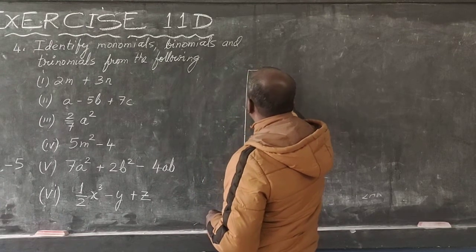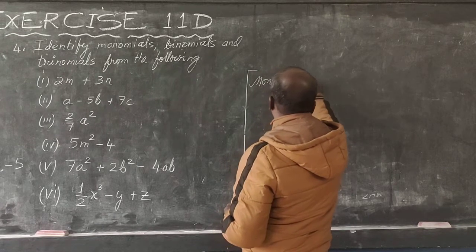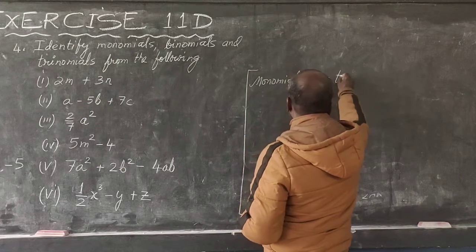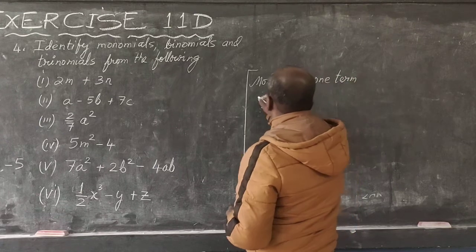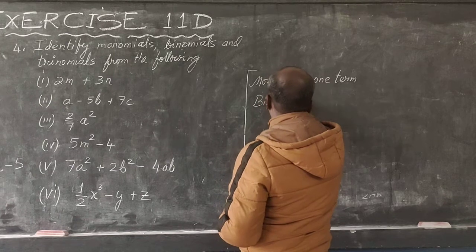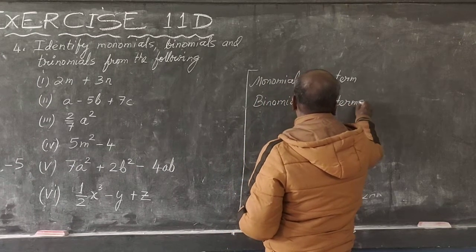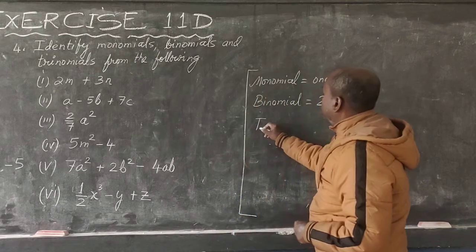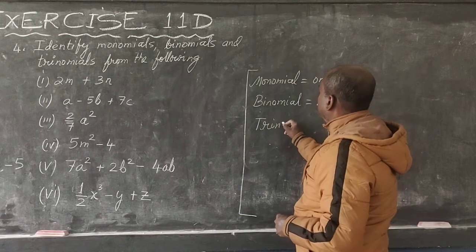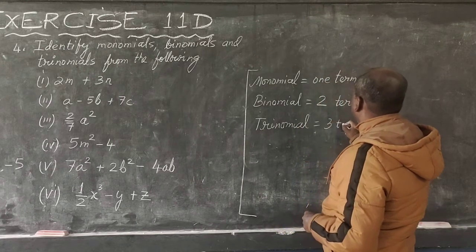Okay, monomial, one term. Binomial, two terms. And trinomial means three terms.